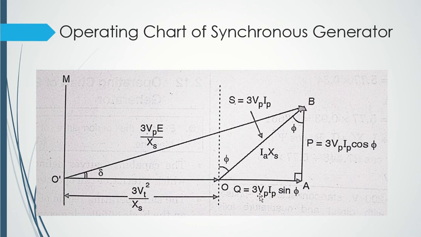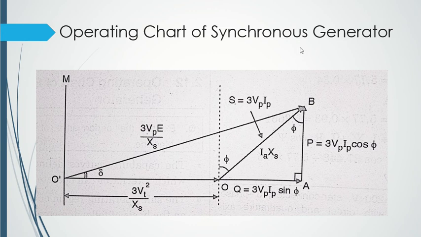We got 3Vp, Xs got cancelled, Ip got multiplied, and then we got sin phi. Same way for cos phi. Okay, but now after multiplying everything with 3Vp divided by Xs, let's take a close look at this chart.